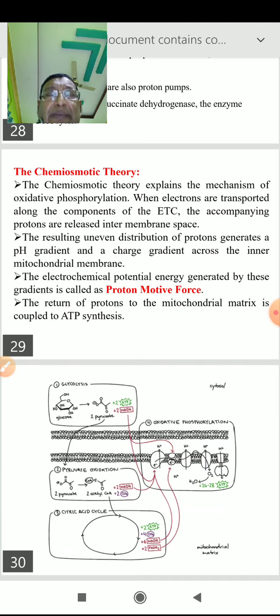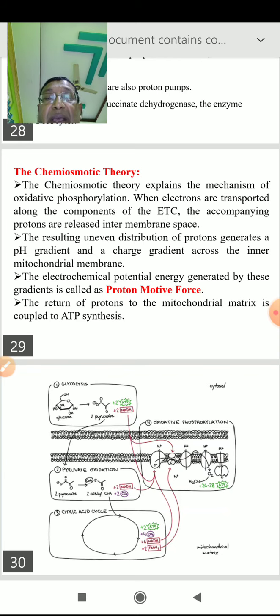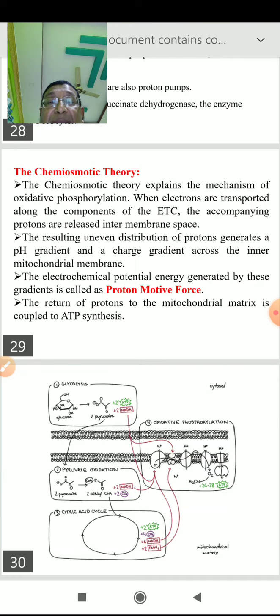As a result, there is liberation of hydrogen, which is broken down into hydrogen protons and electrons. These hydrogen protons and electrons are carried by our electron transport chain.